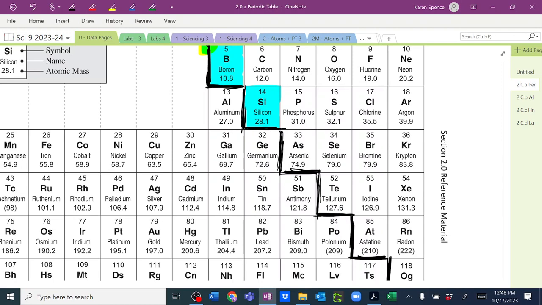No. So aluminum is hard, it's shiny, it conducts electricity, therefore it is a metal. So it is the one element that touches the line that is not a metalloid. It's the one element that touches the staircase that is not a metalloid.